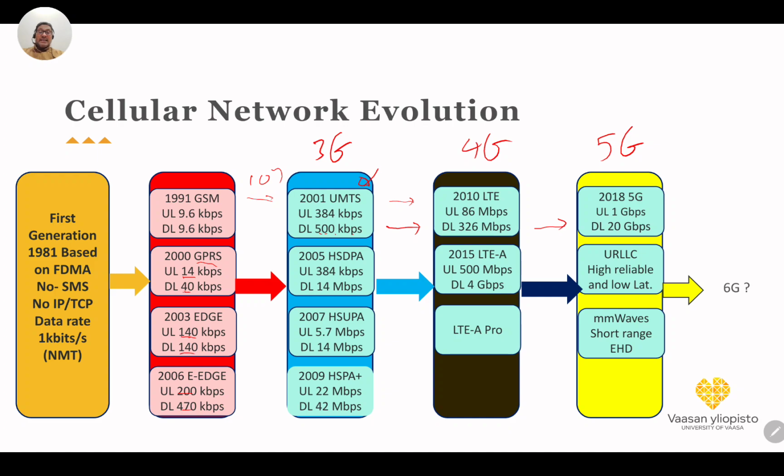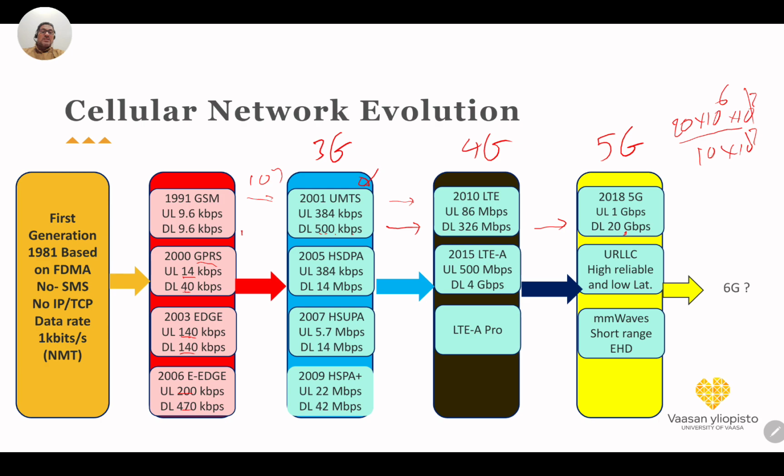If we compare the first GSM data rate to the fifth generation data rate in the downlink, it was 10 kilobit per second, and here it is 20 gigabit per second. So 20 gigabit per second is 20 times 10 to the power 9, because giga is 10 to the power 9. It means that it is 20,000 mega, divided by 10 kilobit per second, 10 times 10 to the power 3.